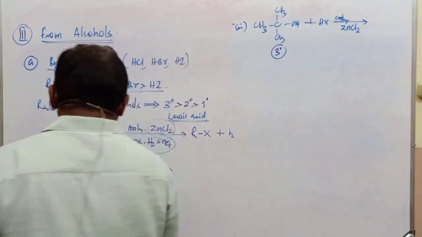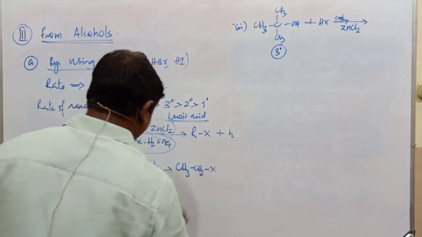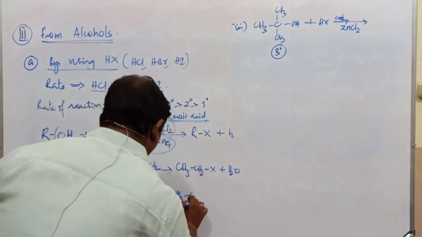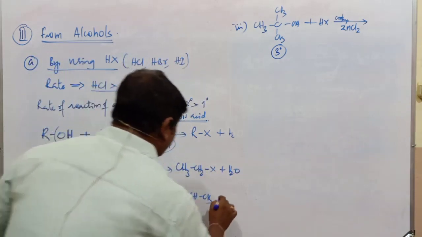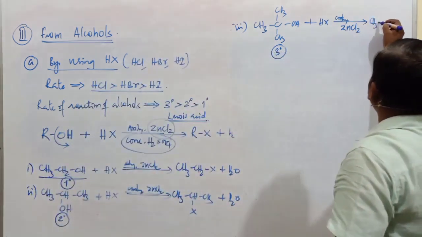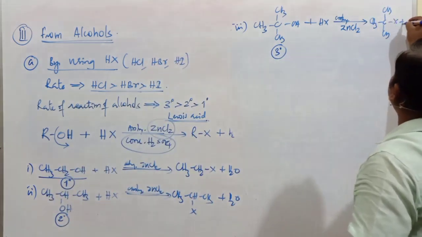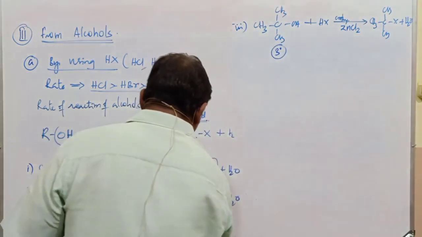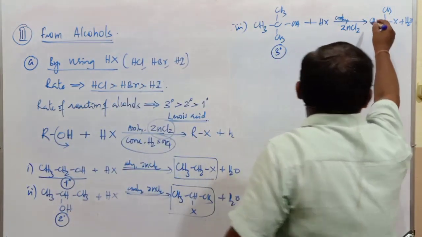So here the product is CH3CH2X plus H2O as usual, then CH3CHXCH3 plus H2O, and another one, (CH3)3C-X plus H2O. The compounds obtained are a primary alkyl halide, a secondary alkyl halide and a tertiary alkyl halide.